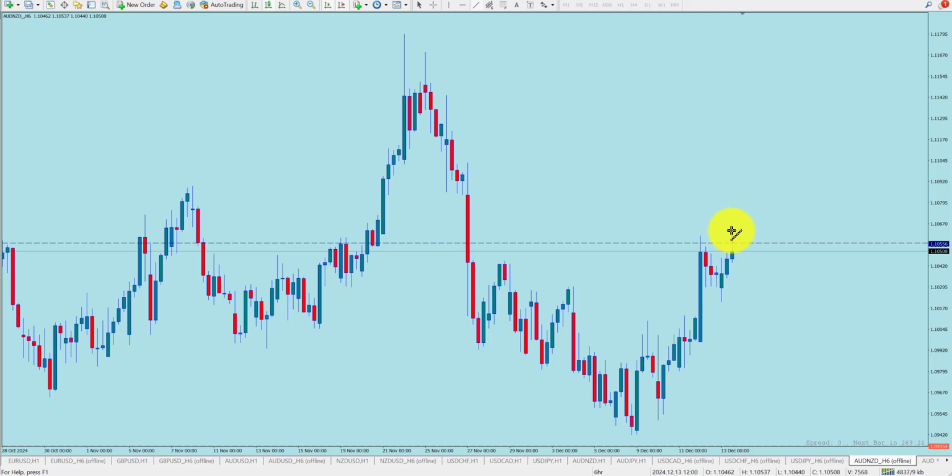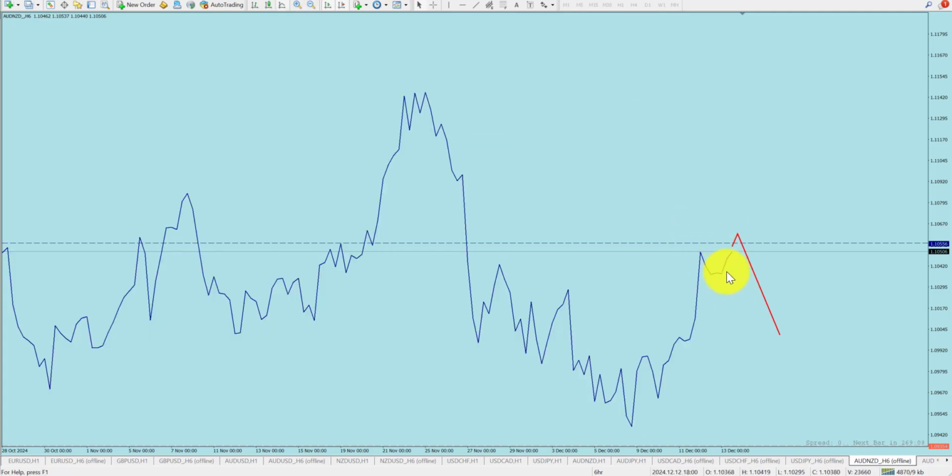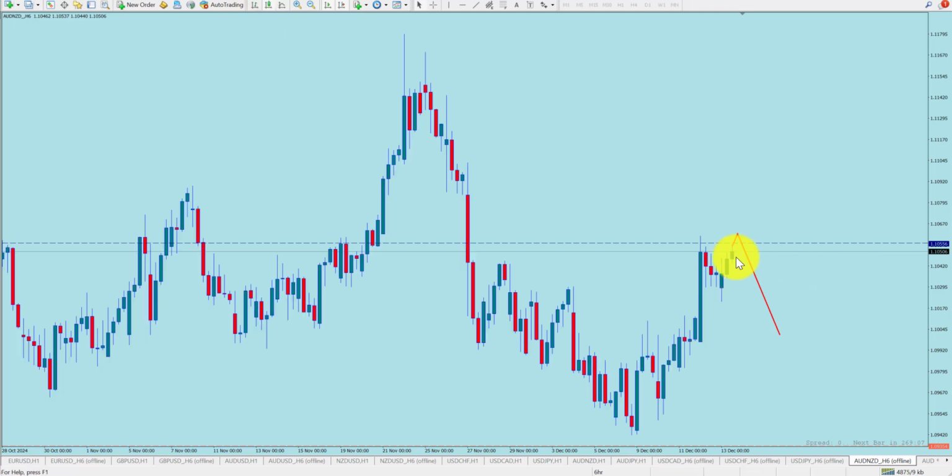Instead, I'm expecting it to maybe top out right about where it is now and then fall back down and go through this low right here. So this would be like an M top, a double top. That's what I would be looking for, because I don't see any trendy numbers on this. Now this is not a trendy pair anyway, but that's what I would be looking for.